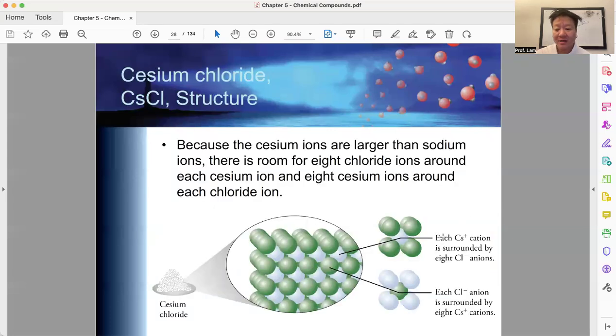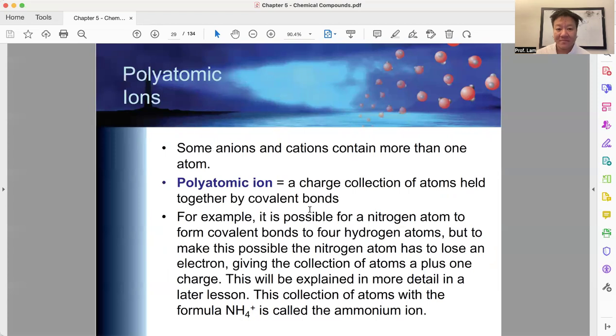Okay, here's another one. Cesium chloride is Cs plus and Cl minus. And then last thing here is the polyatomic ion. We've talked about the monatomic ions, which means one atom, right? So Cl minus, Br minus.